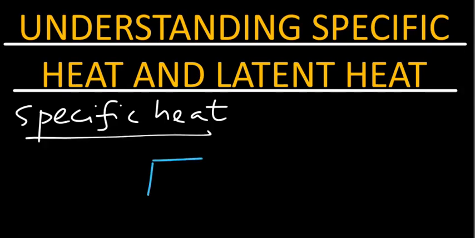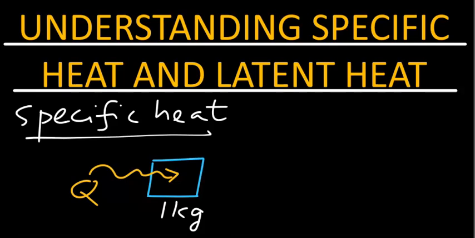Specific heat refers to the amount of heat that is required to raise the temperature of, say, a 1 kg object by 1 degree Celsius. Equally well, you can say it refers to the amount of heat that must be extracted from a 1 kg object so as to decrease the temperature of that object by 1 degree Celsius.